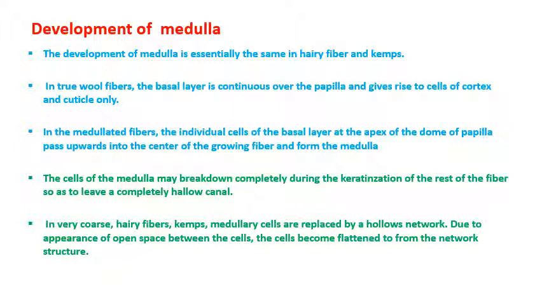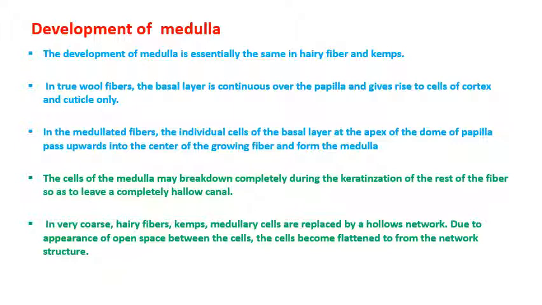In the case of medullated fibers, that is those fibers which have a medulla, meaning a hollow structure, that is in the case of only thick, coarse fibers, the individual cells of the basal layer at the apex of the dome of the papilla, that is the bottom structure, a bulb-like structure growing continuously upward, pass upwards into the center of the growing fiber and form the medulla.